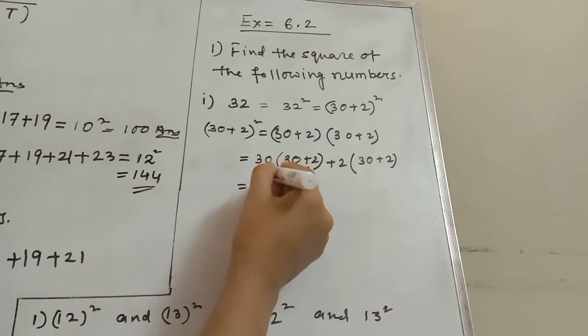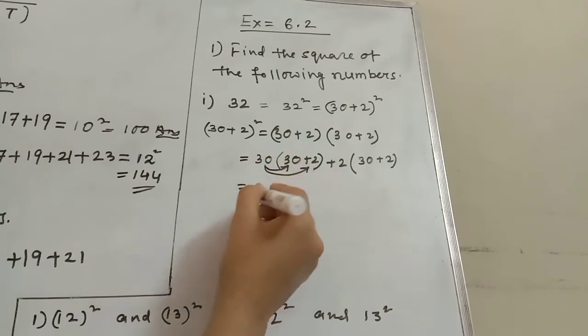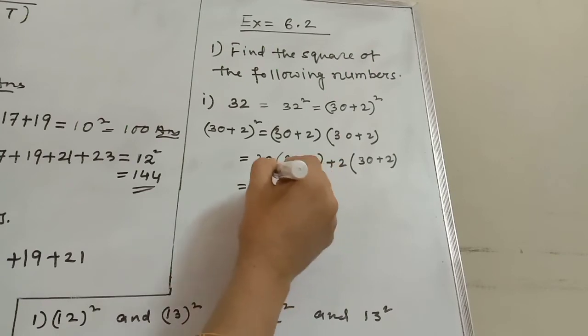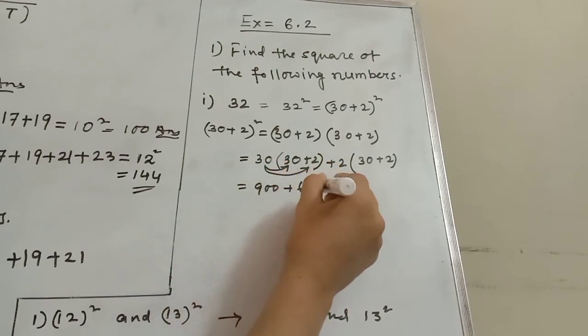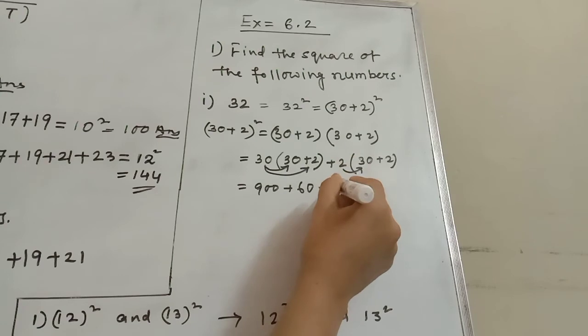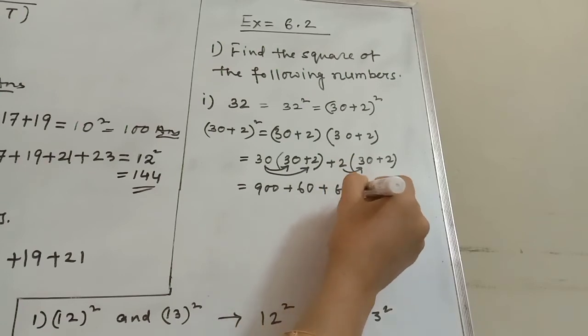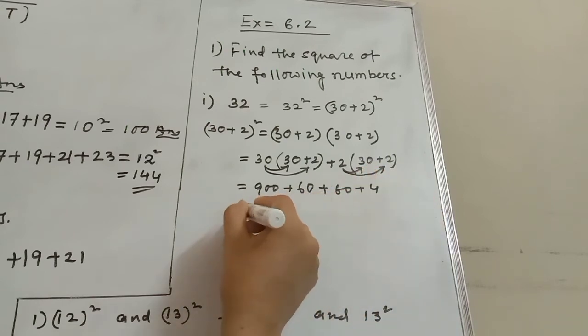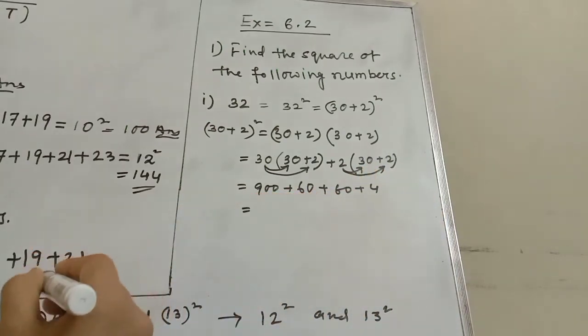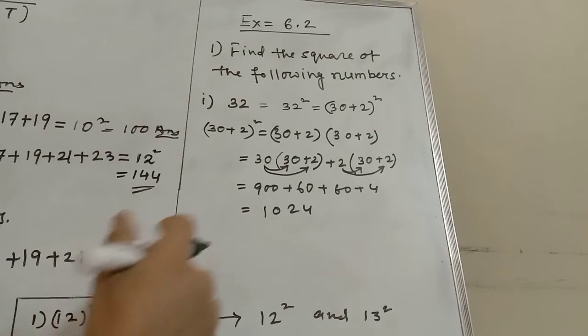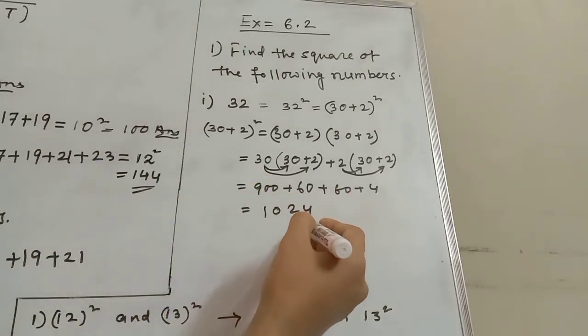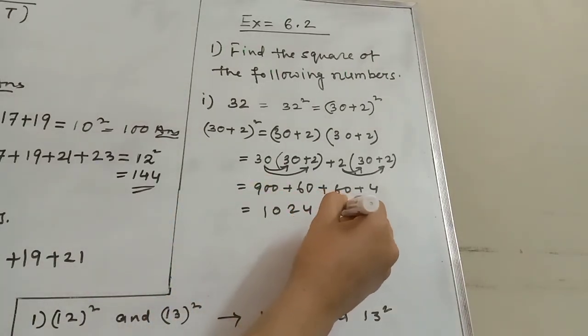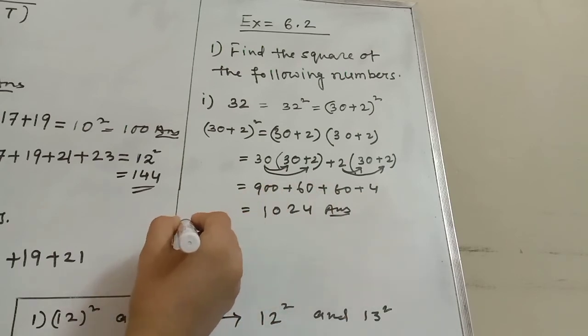You remember this kind of multiplication. 30 into 30 is 900, plus 30 into 2 is 60. Same way, 30 into 2 is 60, plus 2 into 2 is 4. Add all these, and you will get 1024. This is the answer.